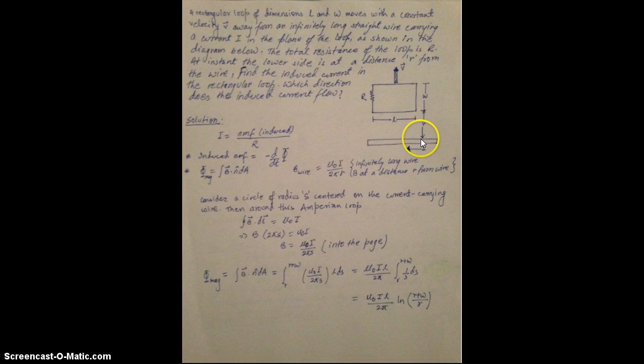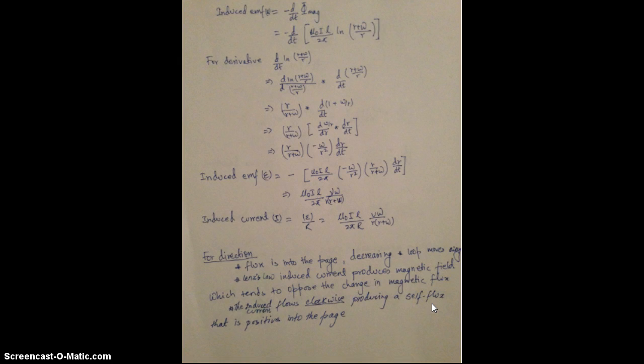From this wire, the limits are from r to r plus W, so you have your integral from r to r plus W. B is given from here, and your area is length times breadth. The breadth is the distance moved with constant velocity V, which is ds, we are assuming. If you do your integral, the rest is pretty much math from here onwards.